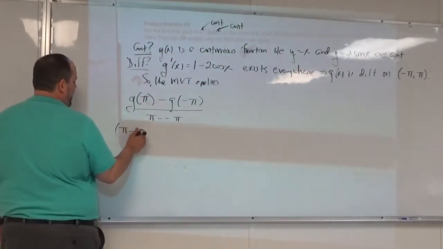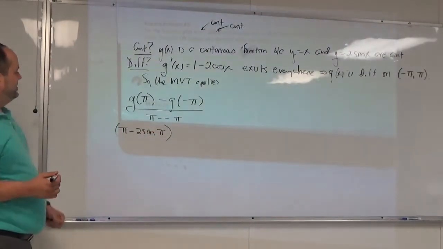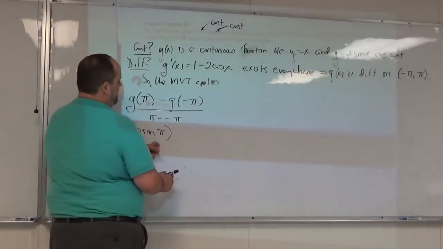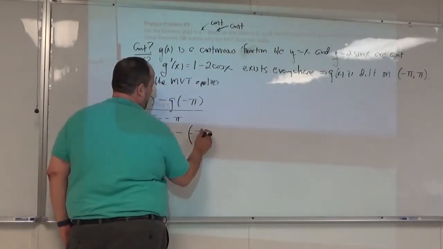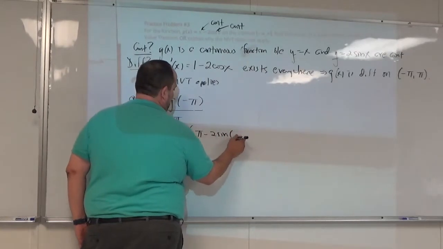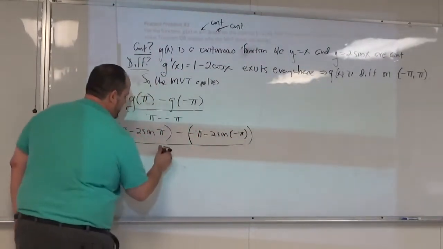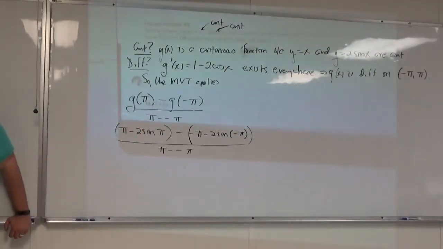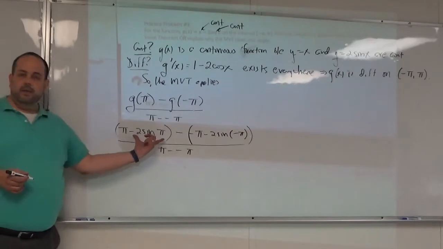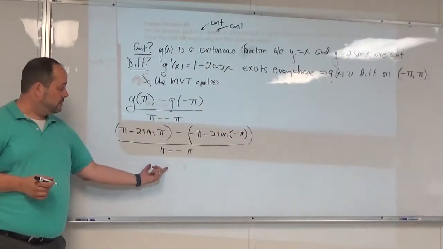So we've got pi minus 2 sine of pi minus G of negative pi, which is negative pi minus 2 sine of negative pi, divided by pi minus negative pi. Yes, I'm pushing, I know. G of b minus G of a over b minus a.